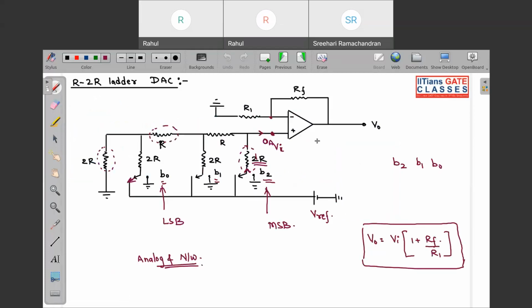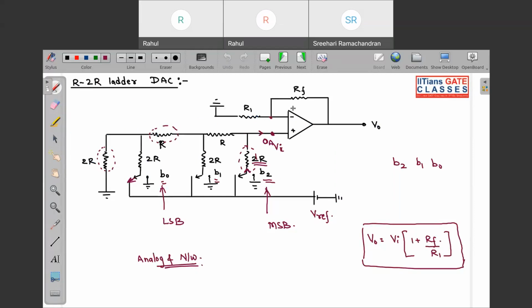Yes, in our syllabus we just have two types of DAC. One more type can be, see, I have constructed this R2R ladder DAC in your non-inverting configuration. You can see this is non-inverting configuration. One more configuration you can have is the inverting type of configuration. So that is very simple.